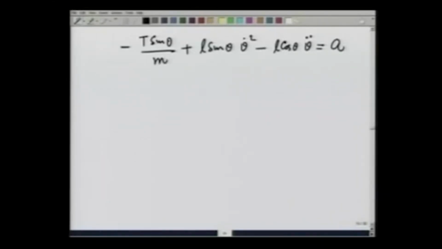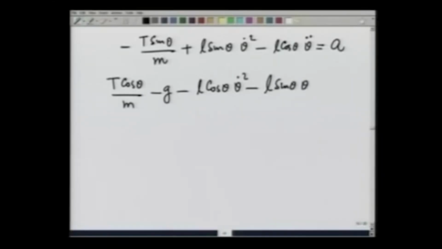And for the y equation, I am going to get yb double dot, which is T cosine theta over m minus g, minus L cosine of theta, theta dot square minus L sine of theta, theta double dot is equal to 0. Let me call this equation number 5 and equation number 6.